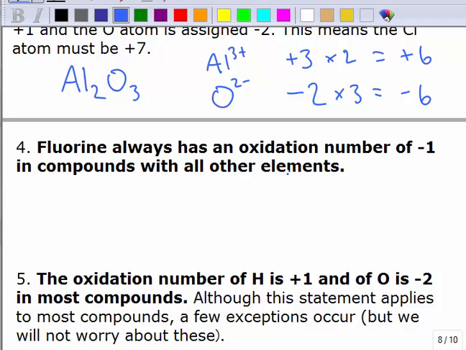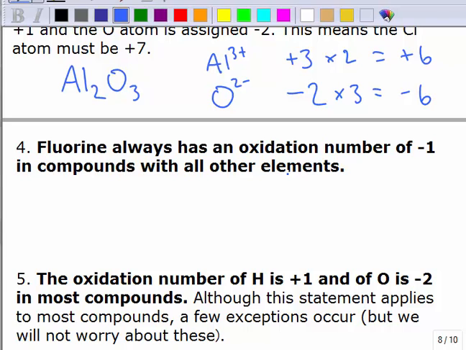The first of these is fluorine. Anytime we have fluorine in the chemical formula of a compound, the oxidation number on each fluorine atom will be -1. Fluorine is our most electronegative element, and it always has a -1 oxidation state.